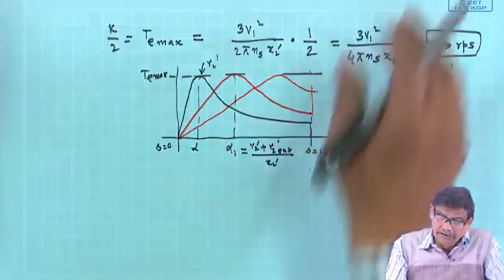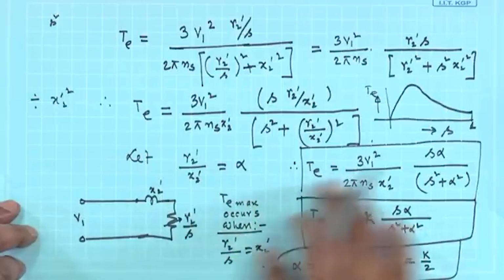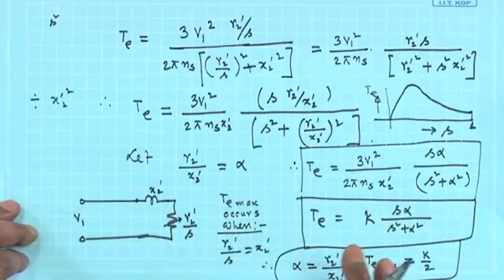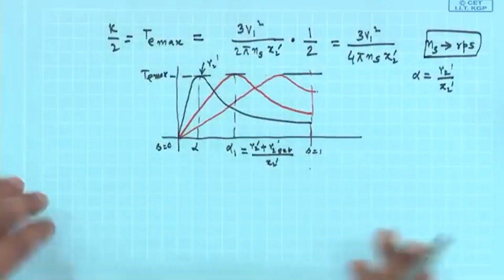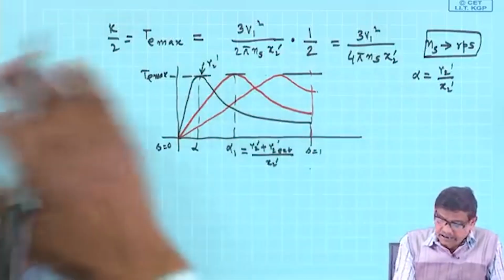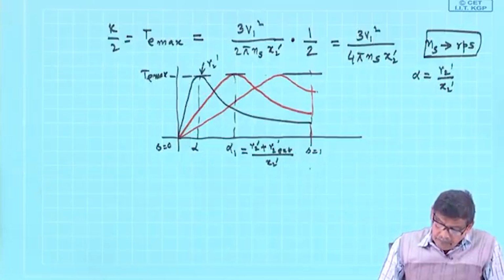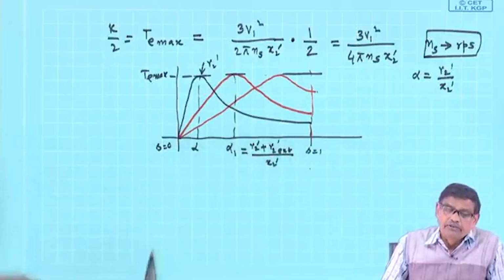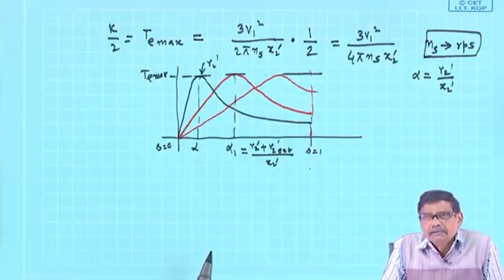So, remember that in a very simplified form, the induction motor performance can be evaluated, where I have neglected stator impedance, just rotor impedances are kept in the circuit, and you can conclude everything which I concluded earlier. And this is often referred to, particularly to understand the problem of starting.